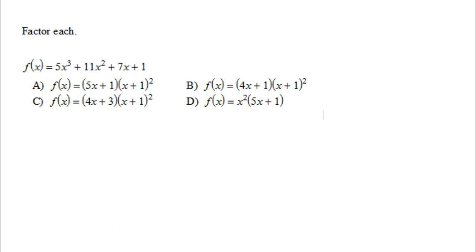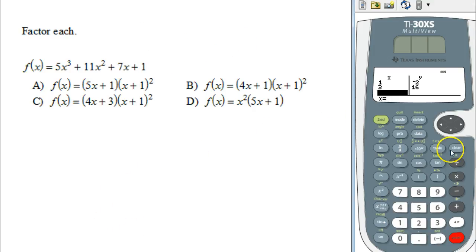I'm going to go ahead and use my TI-30 XS multi-view. So I'm going to hit my table feature, and I'm going to type in 5x to the 3rd power plus 11x squared plus 7x plus 1.